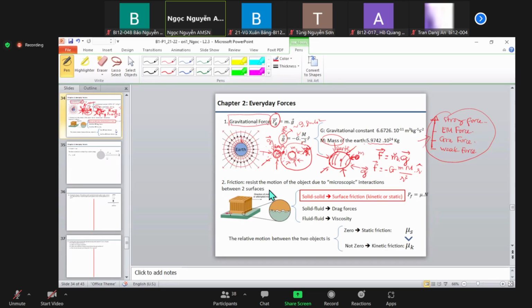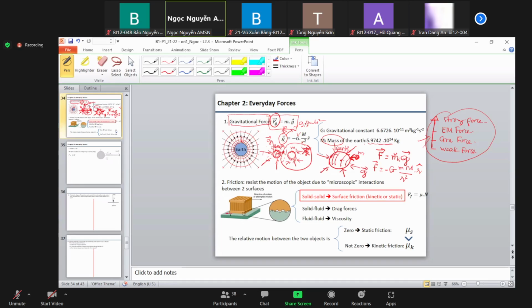So you just need to remember that when you have a mass near the Earth, there will be a gravitational force acting on it, and the direction of the force is always pointing to the center of the Earth. That's all. And here is the function to determine the direction and the magnitude of that force.